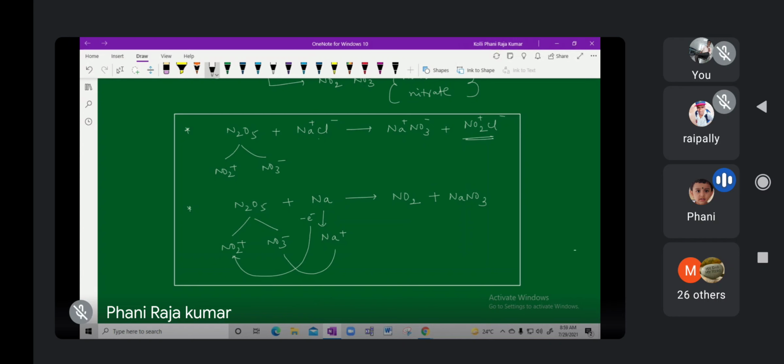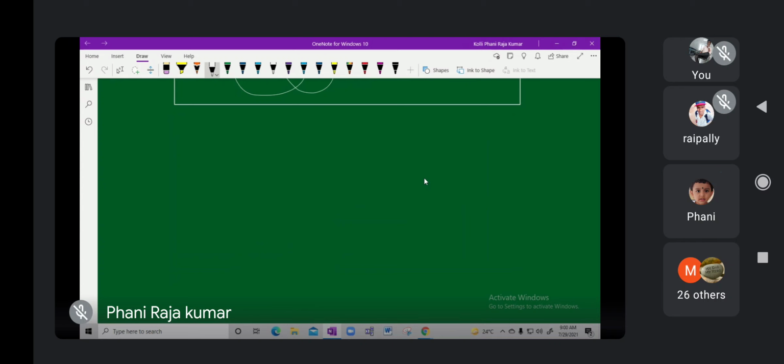Overall, in these oxides of nitrogen, these two are very important points, N2O4 and N2O5. Liquid form of N2O4 exists as NO+ and NO3 minus. Solid form of N2O5 exists as NO2+ and NO3 minus. That is the concluding point regarding oxides of nitrogen. Liquid N2O4: NO+, NO3 minus.